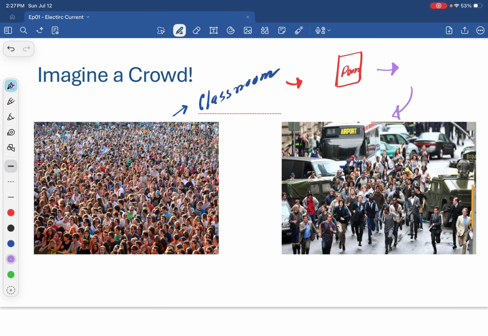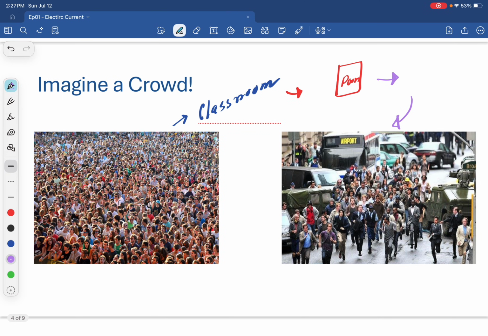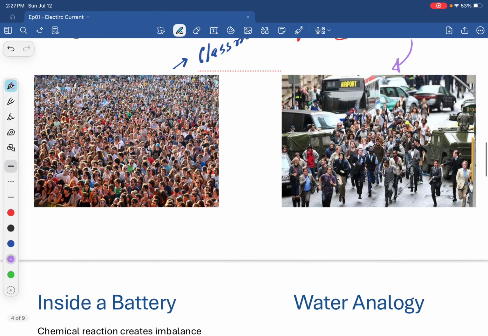Suppose you have thousands of students and a door. You can measure that 10 students are going per minute, or 100 students. This is the flow of students going through the door. Electrons are exactly like that.